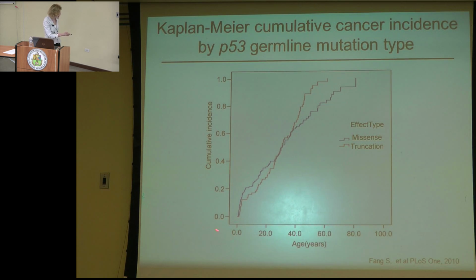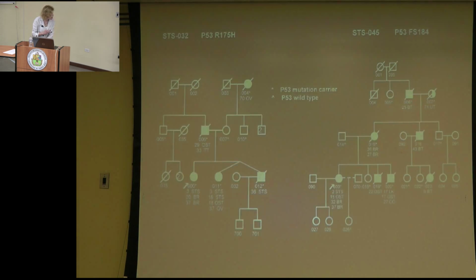And when we looked at the age of onset of tumor based on the cumulative incidence of tumors that were missense versus truncation, basically it's a wash. There was no big difference.